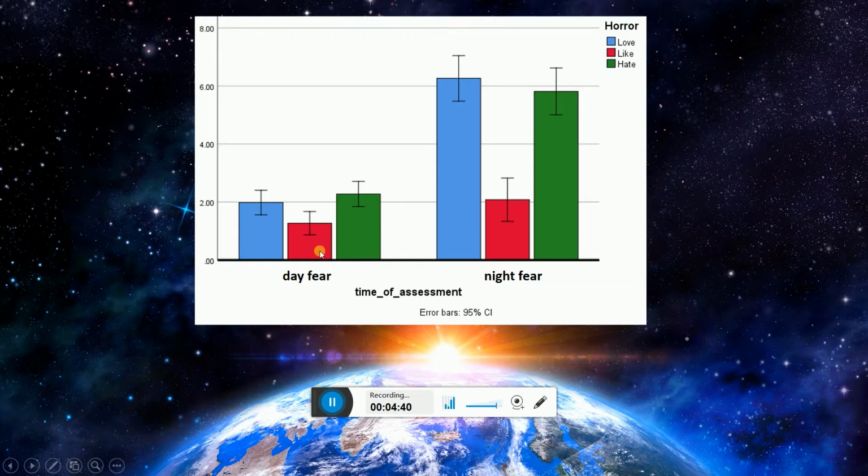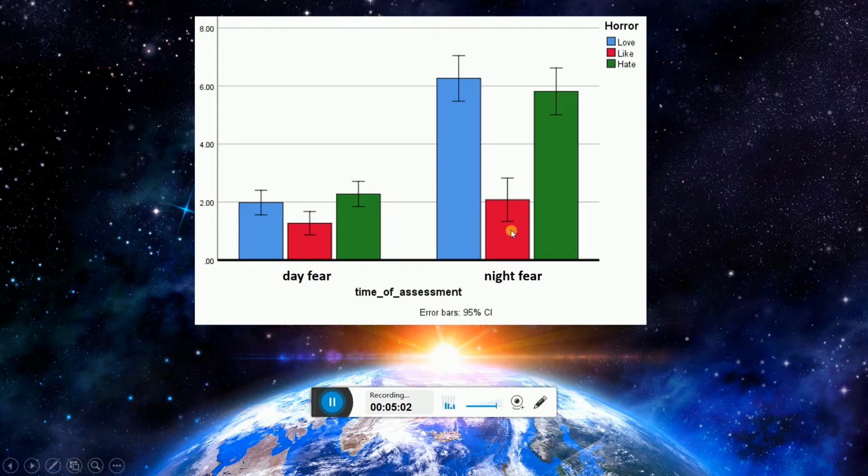All right, so that would be one set of post-hoc tests. One set of tests of simple main effects. We could do a test of simple main effects here to see where the differences are, and a separate test here to see where the differences are.